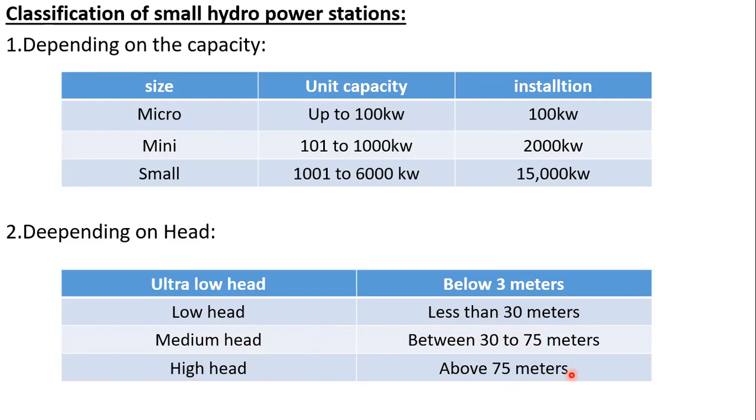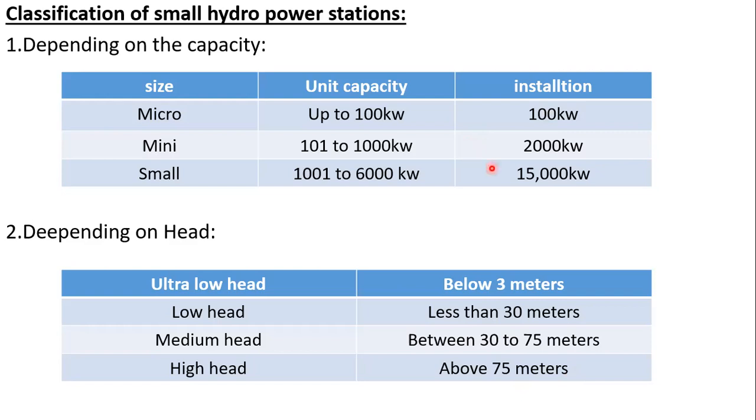So for India, on average we are defining this, and for USA or France, these will be below or above these ranges. As I said before, in the USA, 15,000 kilowatts is considered as a small hydropower plant, so these unit capacities and installation capacities may be increased.